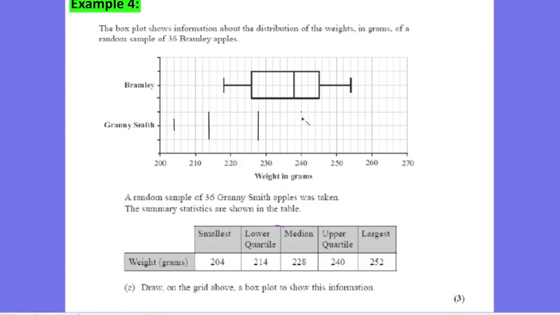Upper quartile, 240. And the highest value, 252. Smaller there. We then join Q1 to Q3. Here and here to create the box. And joining here and here.